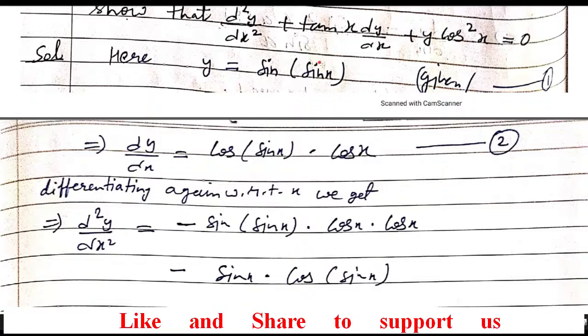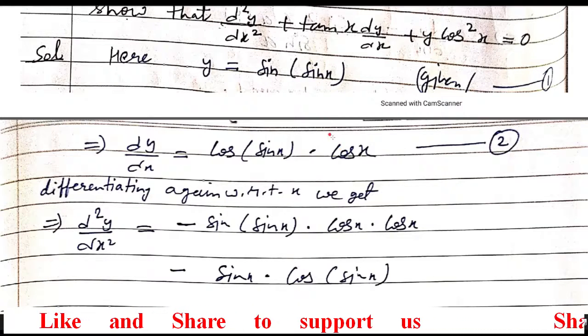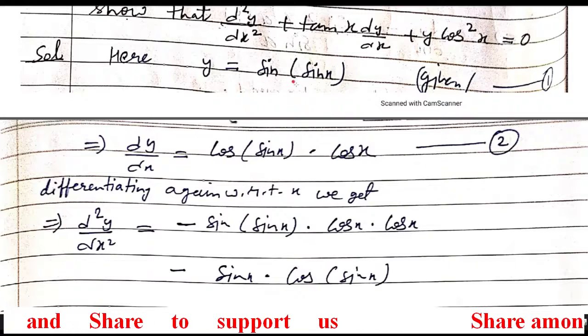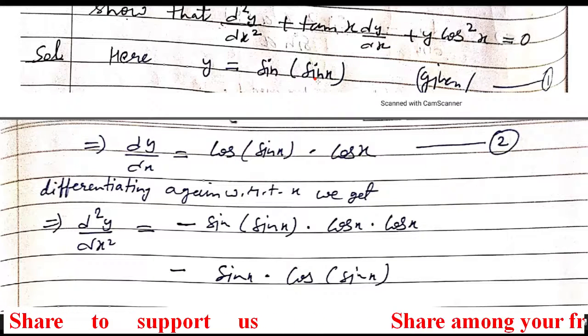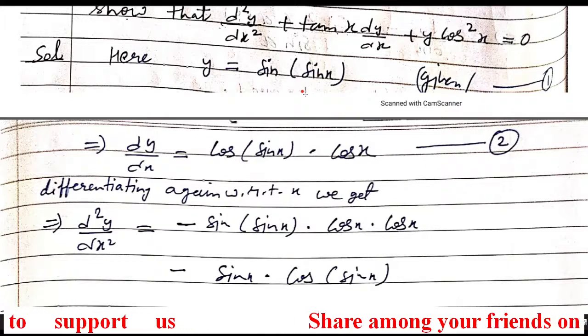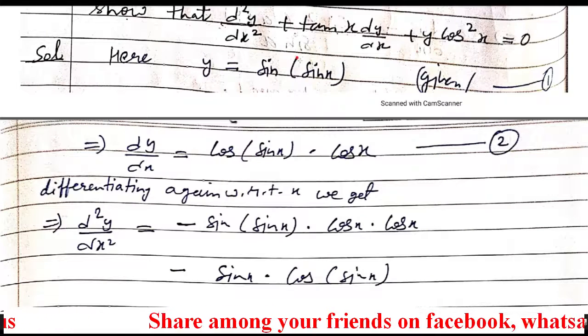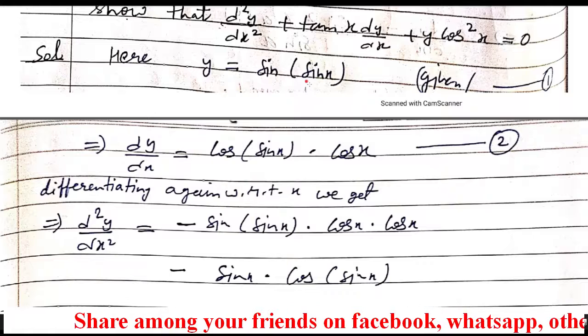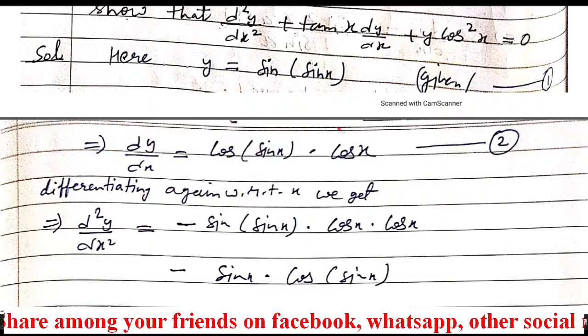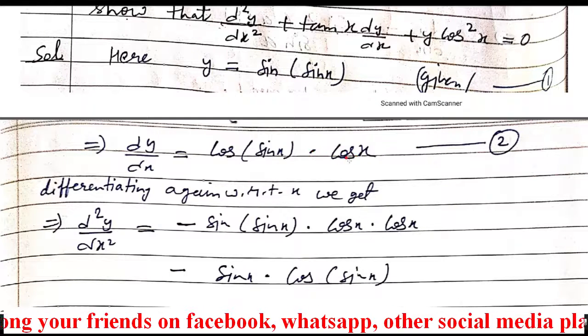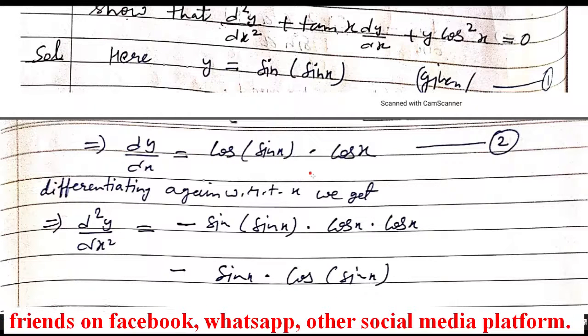So when we differentiate this sin x, we will obtain cos x. Again I am repeating, since sin x differentiation is cos x, that's why we get cos(sin x). Now according to the chain rule, we have to differentiate the sin x again, so when we differentiate this sin x, multiplied by cos x will come here. So this is our first order derivative.